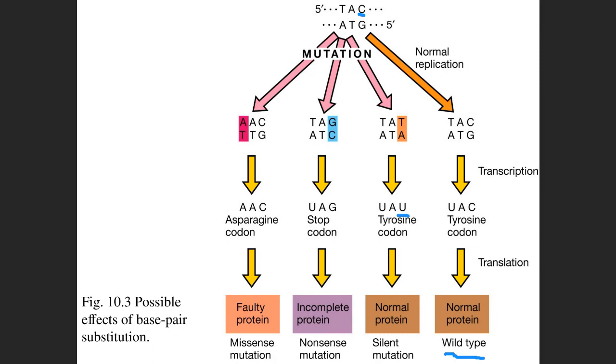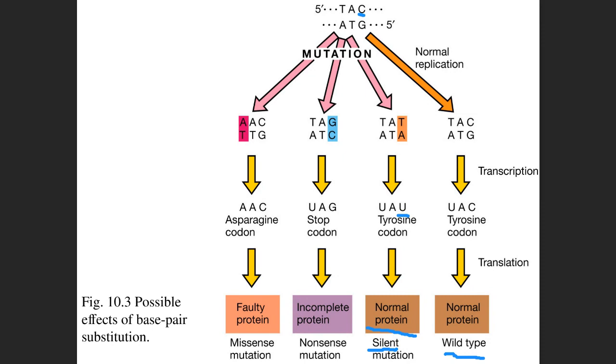The third position wobbles because there are four codons. The tRNA anticodon and codon matching is more focused on the first two, and the third can be more flexible. So in this case it still codes for tyrosine, and you have a silent mutation. It's making the normal protein even though the DNA has changed. It's a silent mutation because you wouldn't detect it.